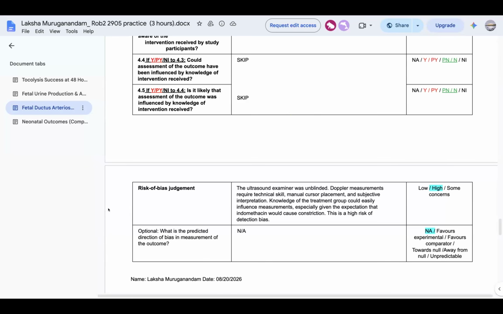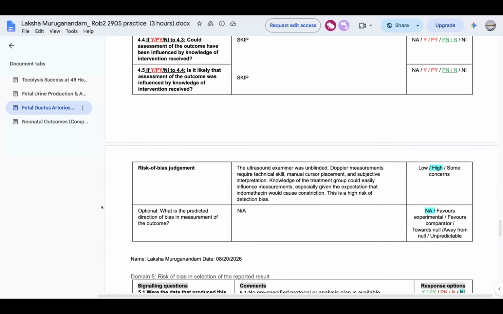I guess she maybe didn't notice that the measurement was given in number form, so she might have misinterpreted it. Did she get the same overall risk of bias judgment for the domain? No, she put high, and for us we got low because 4.4 was probably no or no. Okay, so there was a big difference with that.